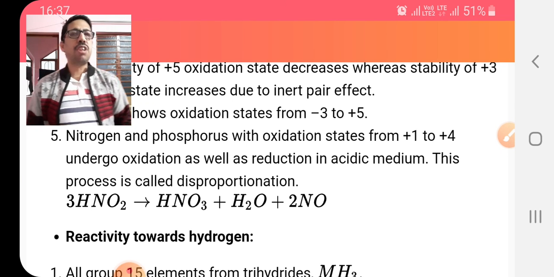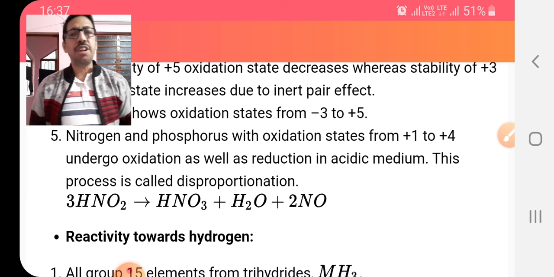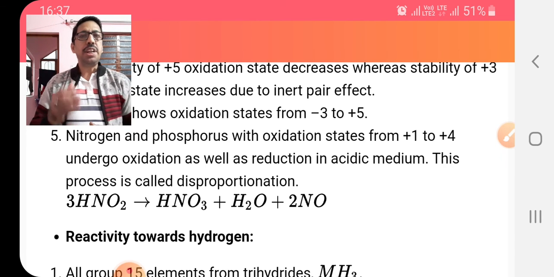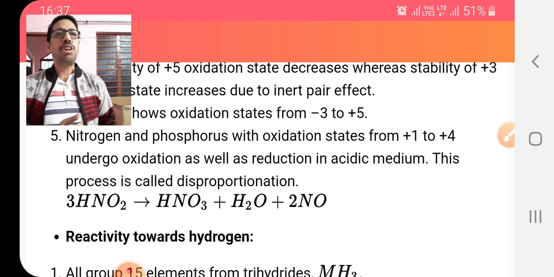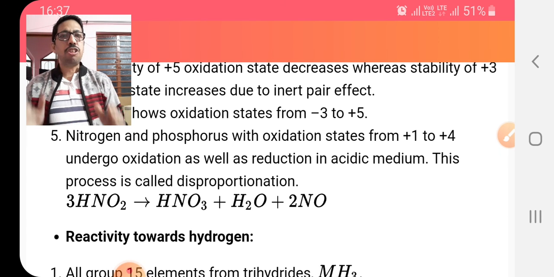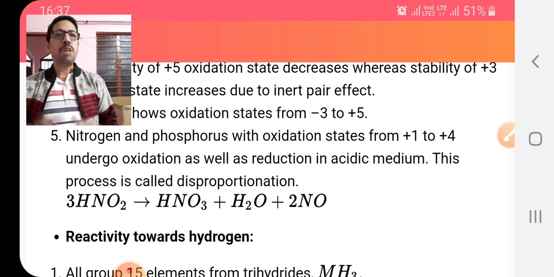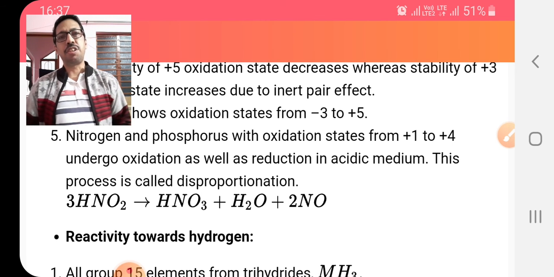In my next lecture, I am going to explain disproportionation reactions in detail, and the remaining properties will be discussed in the next lecture.